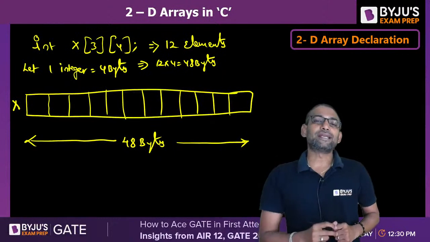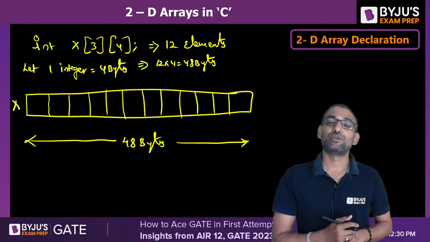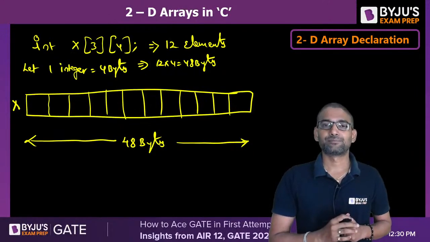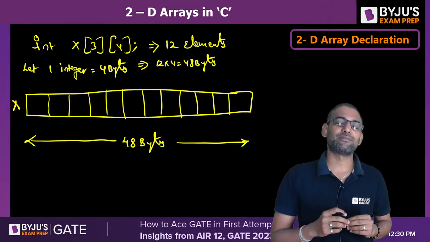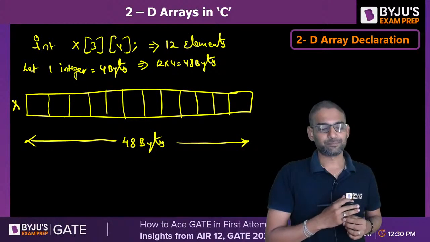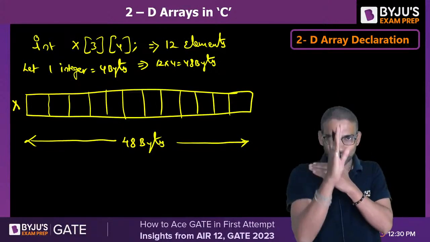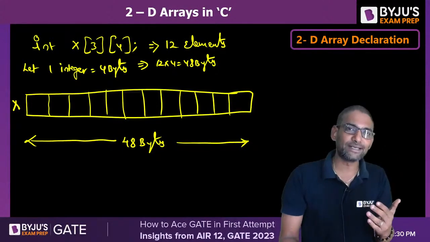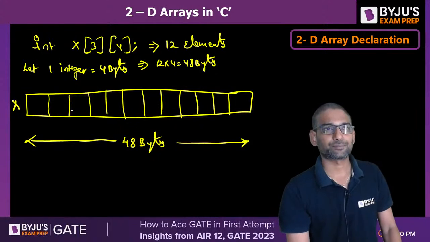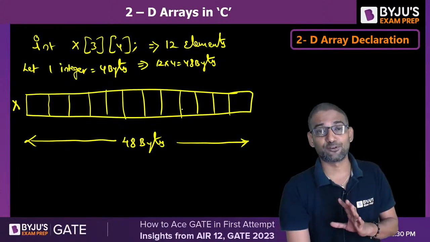Now, how to identify individual element in the array? We use index. If it is a one-dimensional array, we can say simply index. But it is a two-dimensional array, so we want 2 indices, horizontal index, vertical index. That means row index, column index. Any indexing starts with 0 by default, I said.